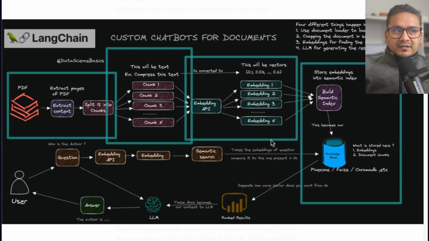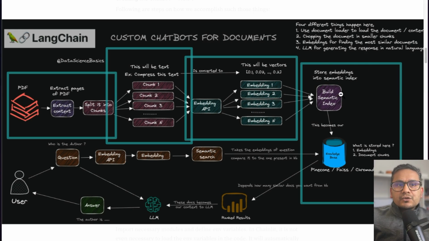This is the previous diagram I had taken, but now there is Qdrant and many other things. I might create a video about Qdrant in the future, because that is the one many people are talking about right now. You need to experiment with different vector databases. One thing to notice is that different vector databases use different algorithms, and they have their own unique way of storing the embeddings.